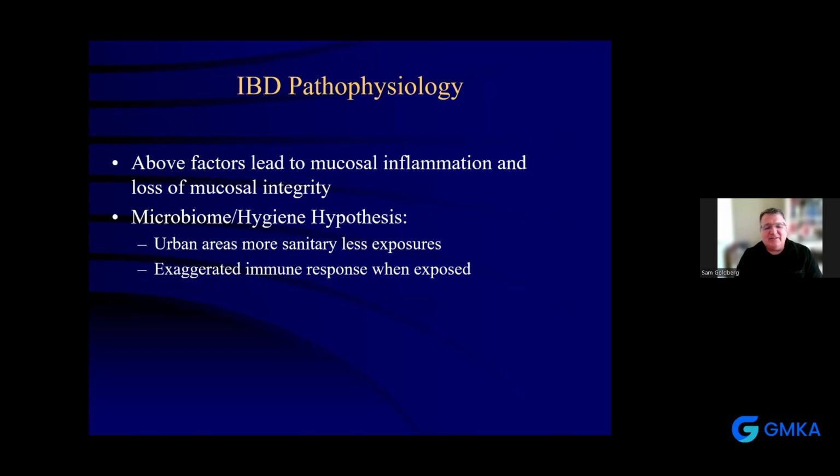So what happens is you get mucosal inflammation, loss of integrity. One of the other things about Crohn's disease and ulcerative colitis that's different is Crohn's disease is full thickness, ulcerative colitis is just the mucosa and submucosa. Also, ulcerative colitis generally doesn't have perianal disease and Crohn's disease does. And as I mentioned before, ulcerative colitis is confined to the large intestine.